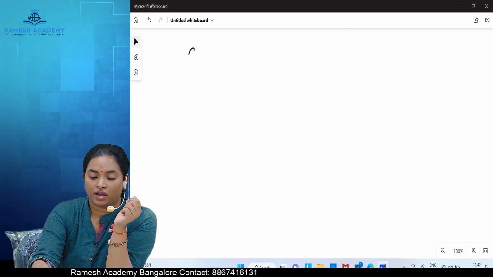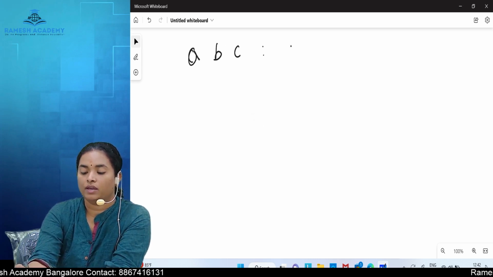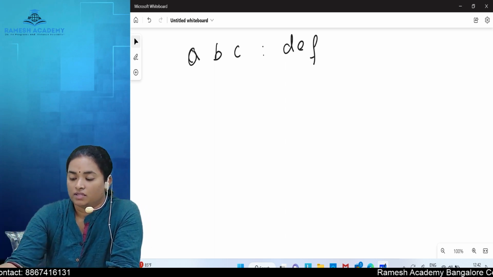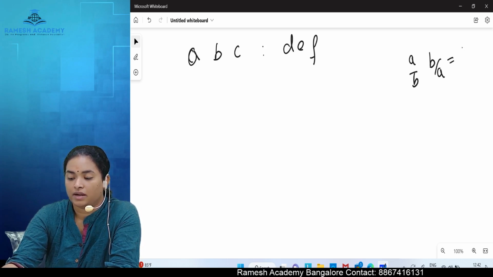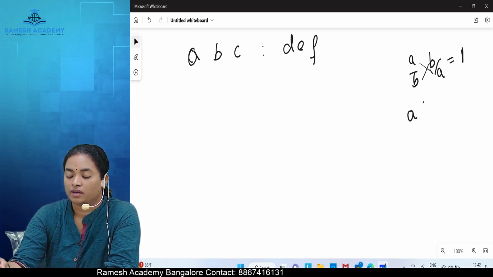Now suppose you have A, B, C, D, E, F. Now inverse ratio, I said A by B and B by A. This will end up as 1, right? That is, if they are inverse, it will become 1.